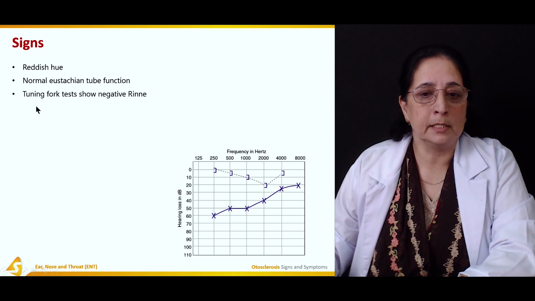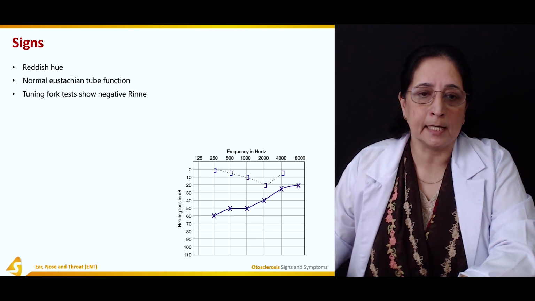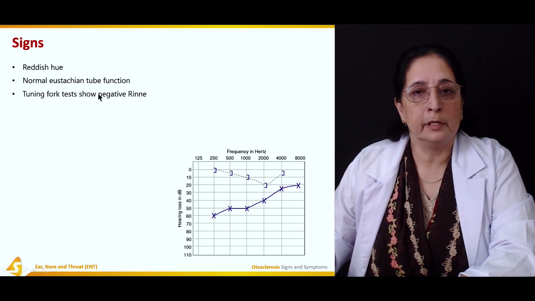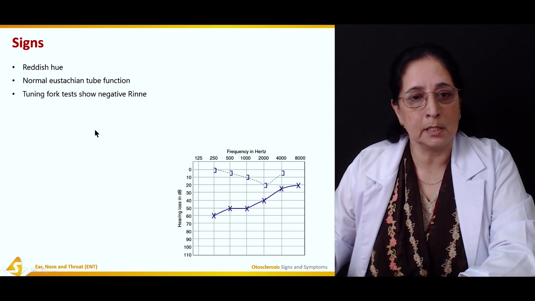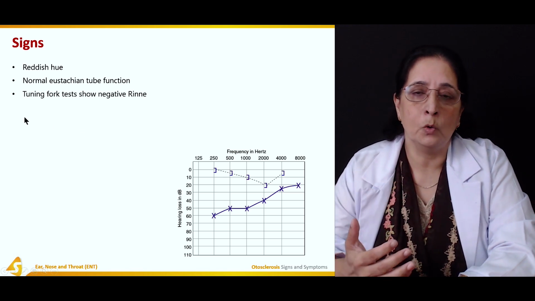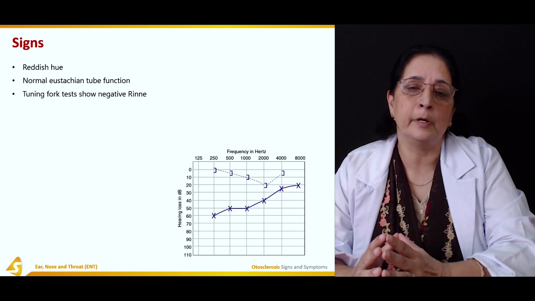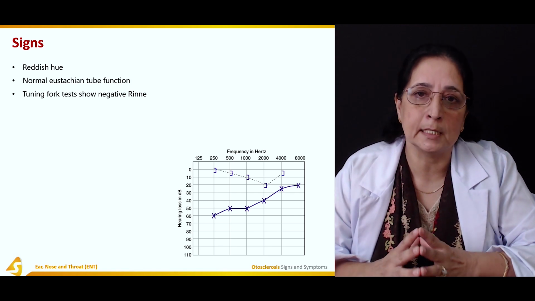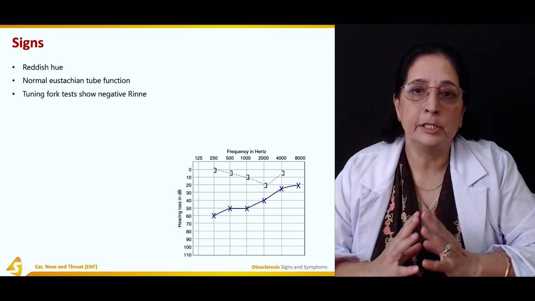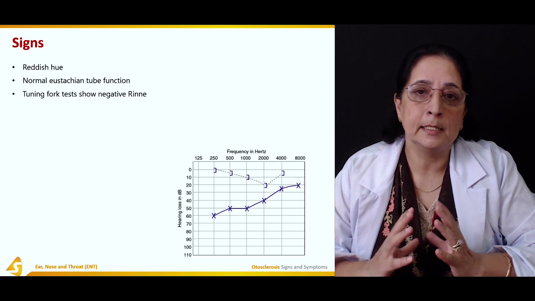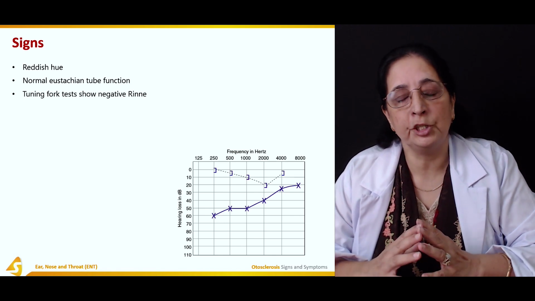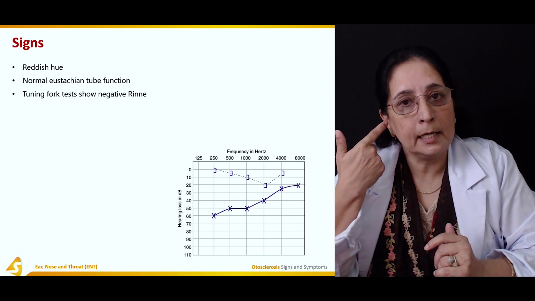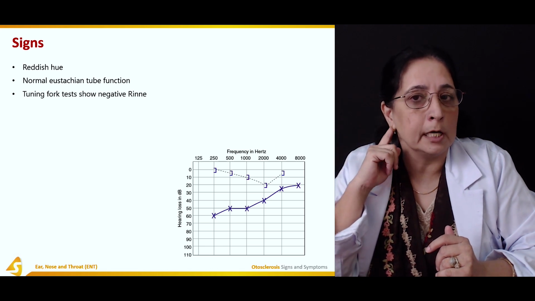Tuning fork test shows negative. Rinne test is not positive. If you remember, we said the Rinne test is performed with the tuning fork, and it is a test done to differentiate between air conduction and bone conduction.